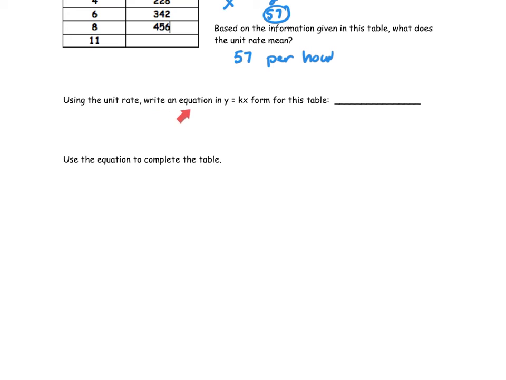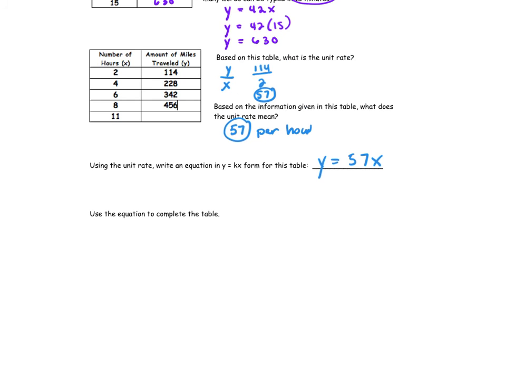Using the unit rate, write an equation in y equals kx form for this table. So this should be, once again, we call this number the k value. So y equals 57x. And now it asks you to use the equation to complete the table. So we're looking for the y value for this matching x value.